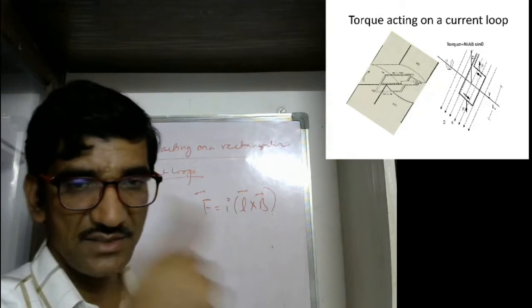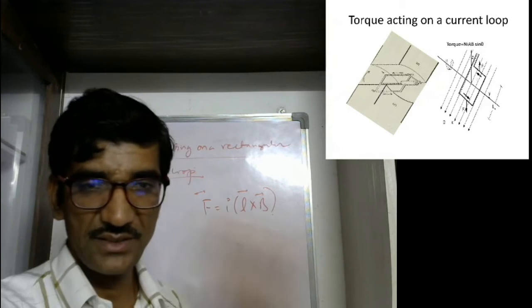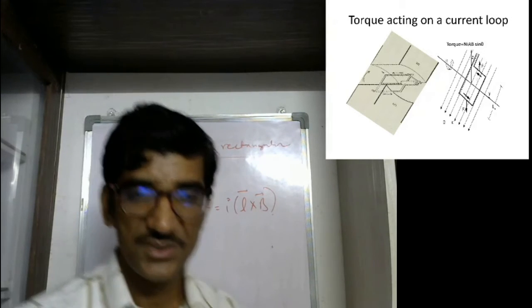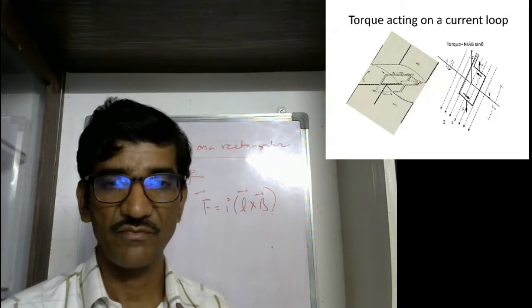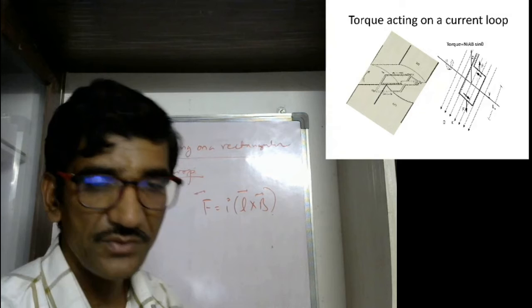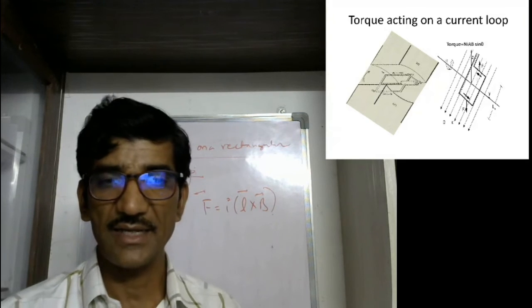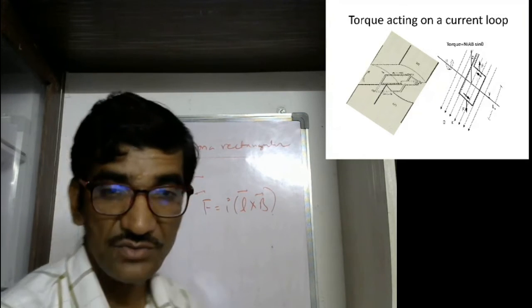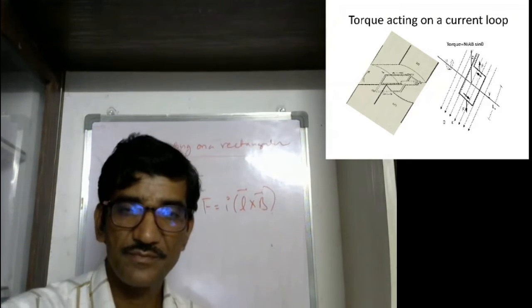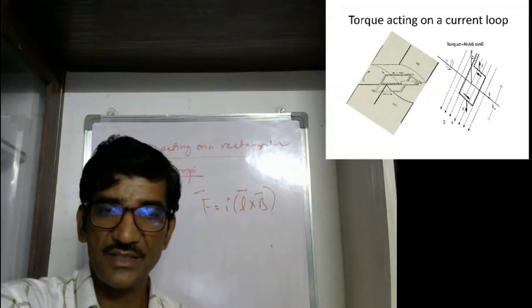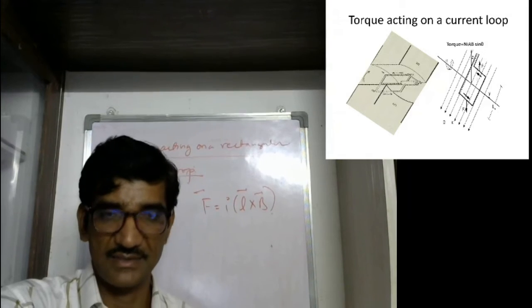This will be the direction of the magnetic field. Then you have to use this I L cross B to find the force acting on that conductor.